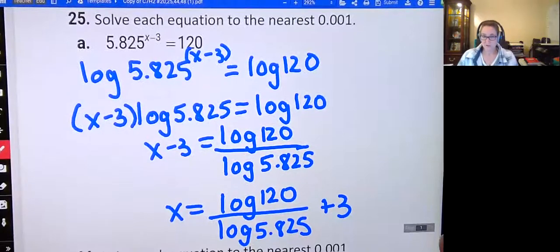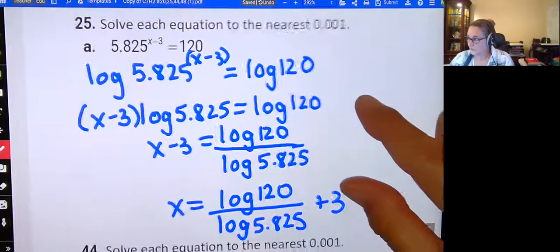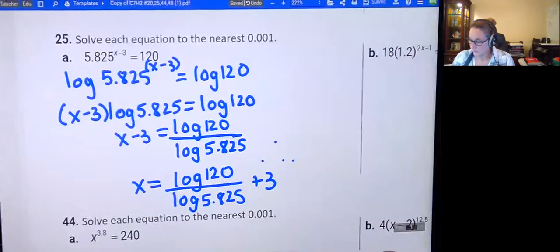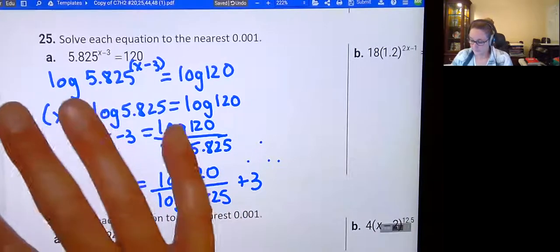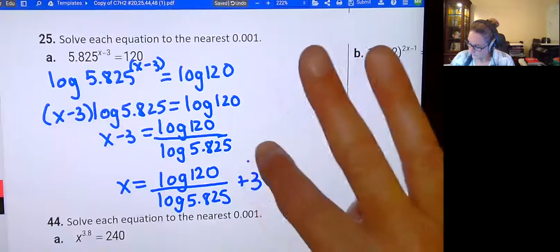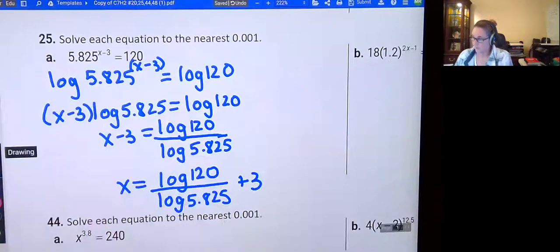So I'm going to put this into my calculator. And I'm actually going to do this as a fraction. Let me just make this a little smaller so I can move it over and get my calculator in here.